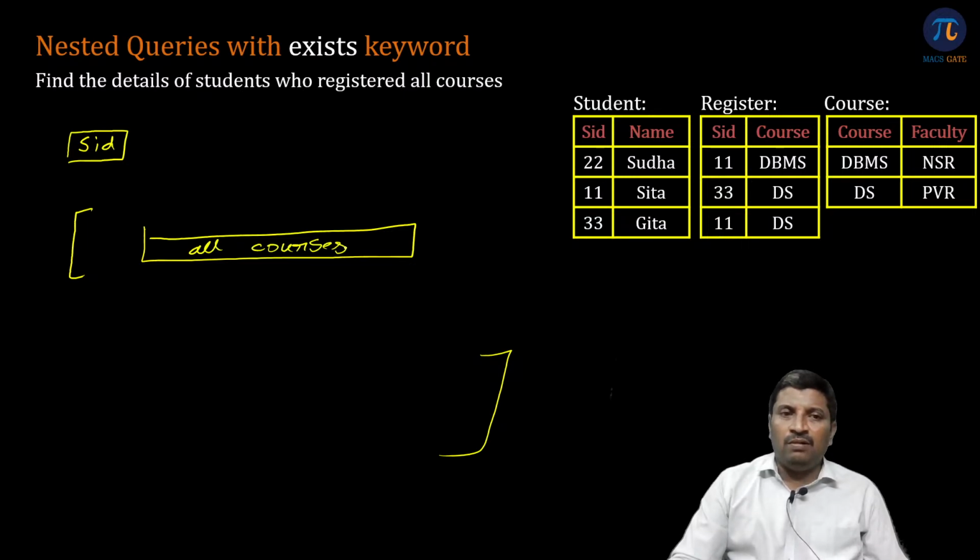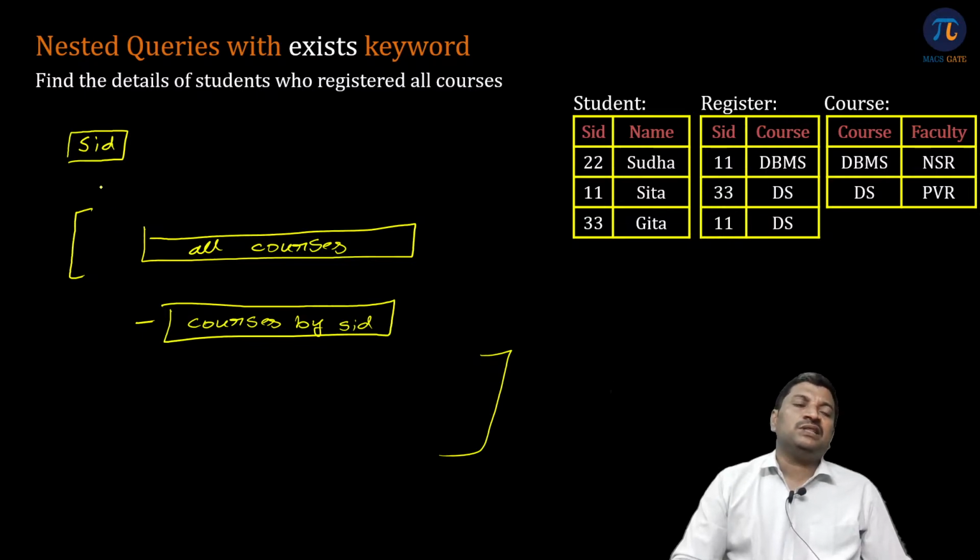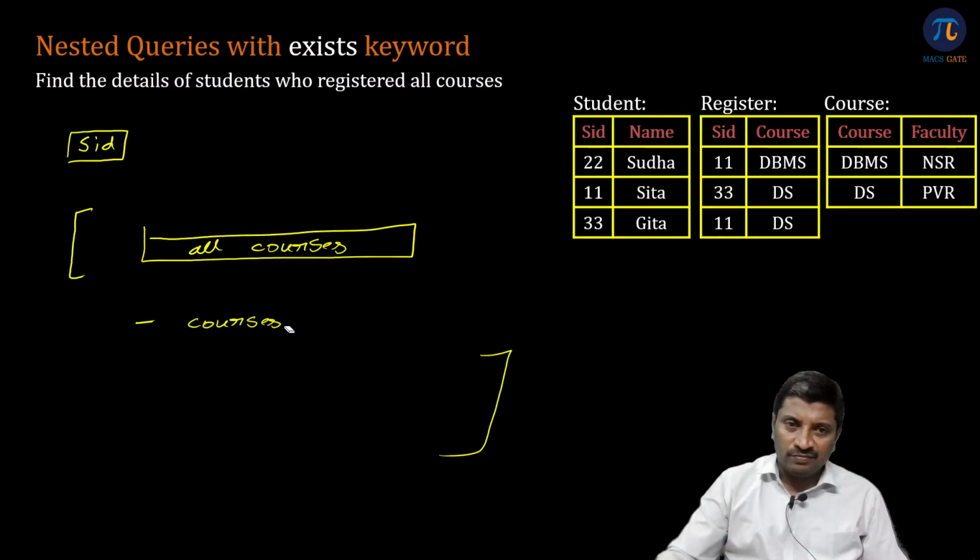From that, I need to subtract, minus, the courses by SID. Courses by my SID, that is, the courses which were registered by SID, or let me write clearly.